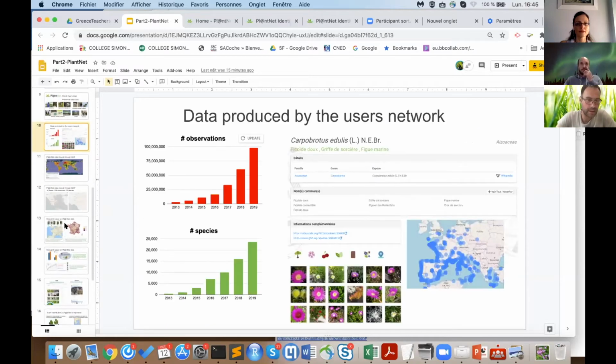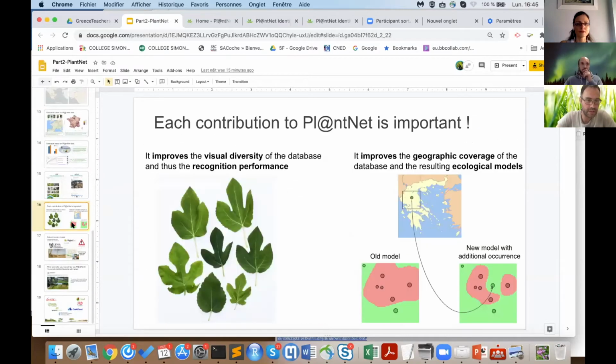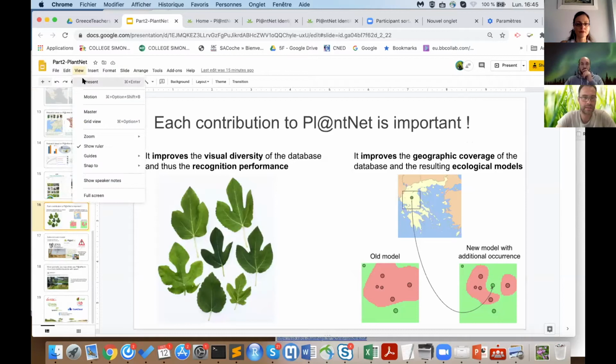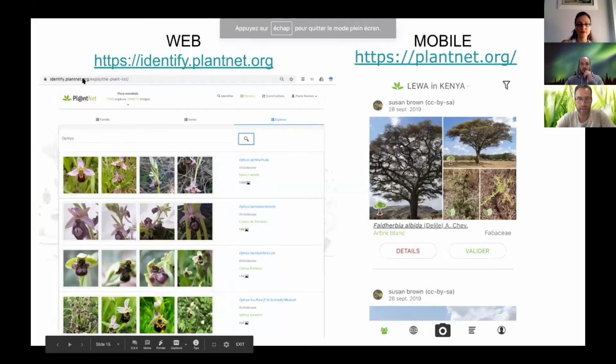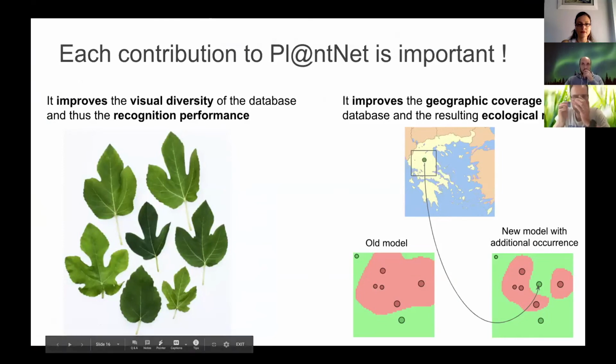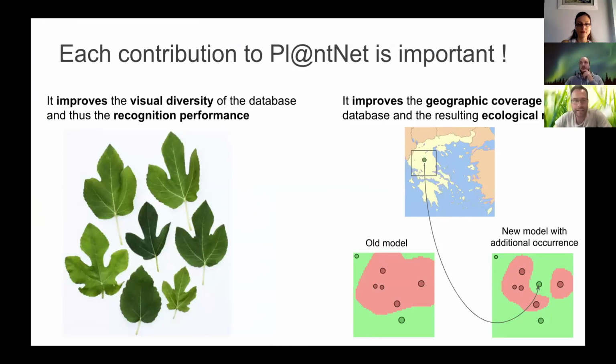So I was here, finishing this. Each contribution to PlantNet is important, for several reasons.